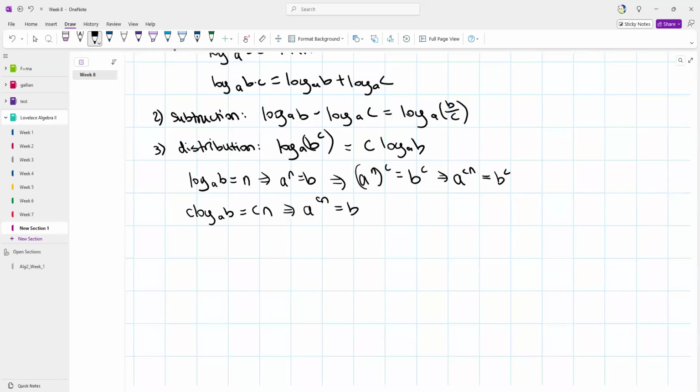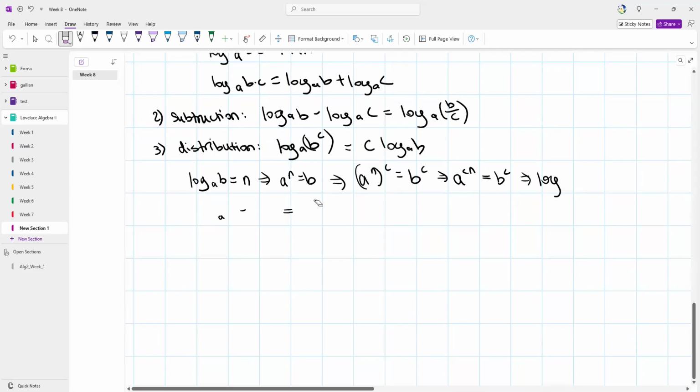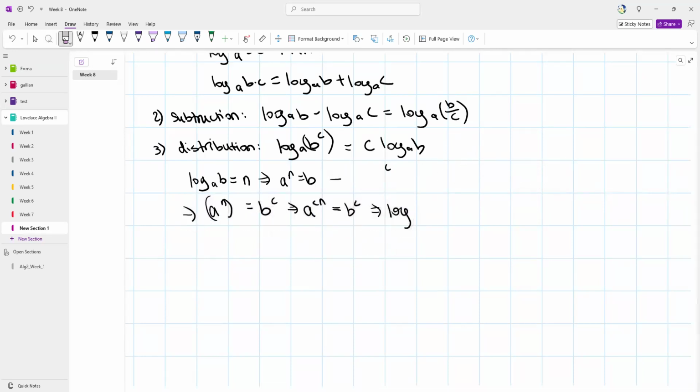And this means that, wait, maybe I should write this in another way. Okay, sorry about that. So we can raise all of this to the power of c.